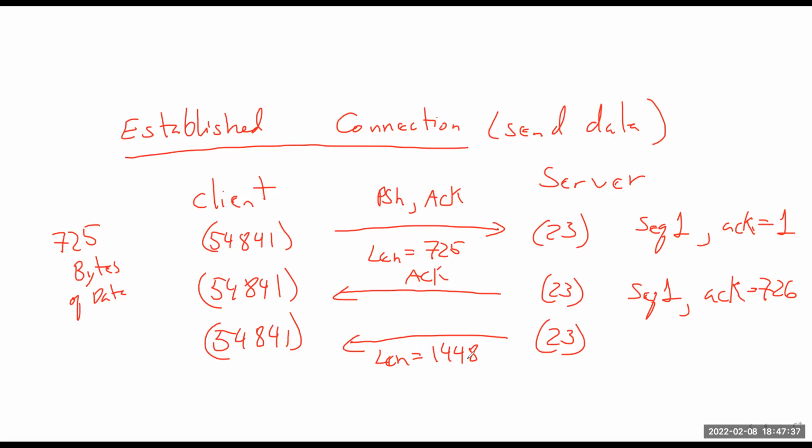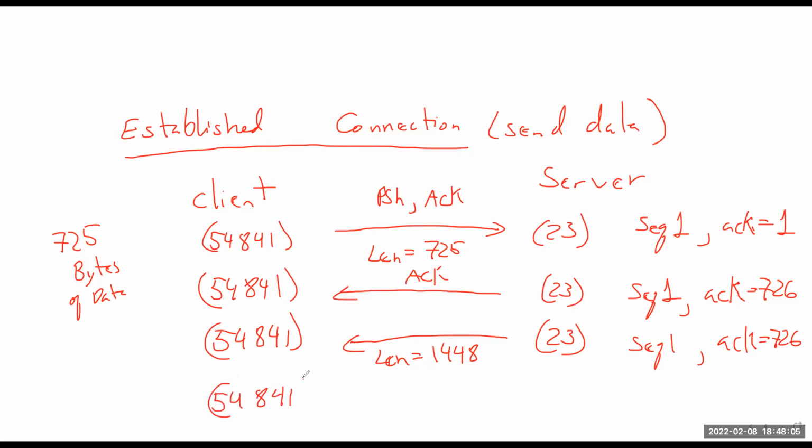So this is also sequence 1, but ACK 726, because in the other direction you're sending the data for 725. One is going from client to server, that's one thing. One is going from server to client, that's another thing, so that they can put together their own respective data, right?